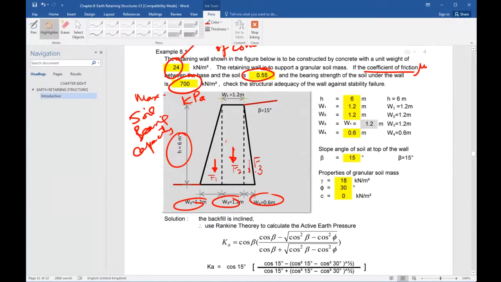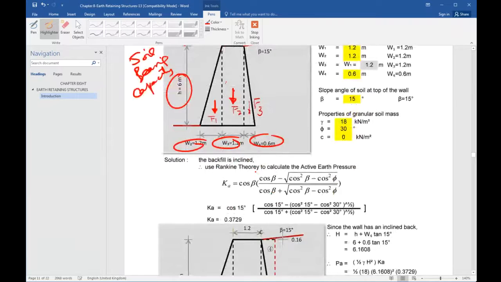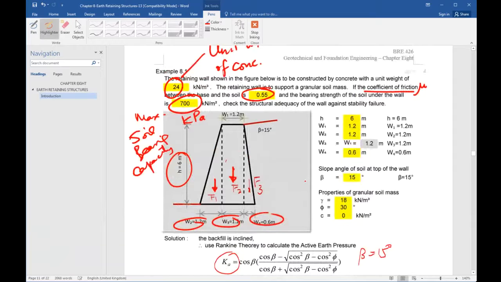Now before the calculation, you have to work out the Ka first, because beta is equal to 15 degrees, right? So what's the friction angle of the soil? 30 degrees, and gamma 18, right?